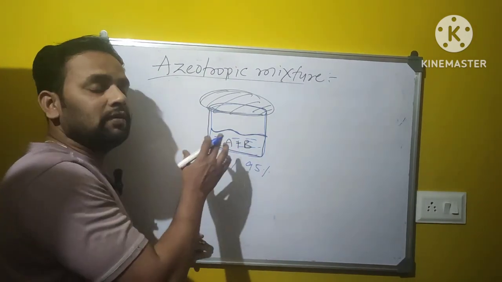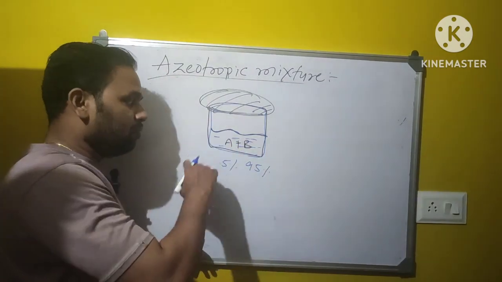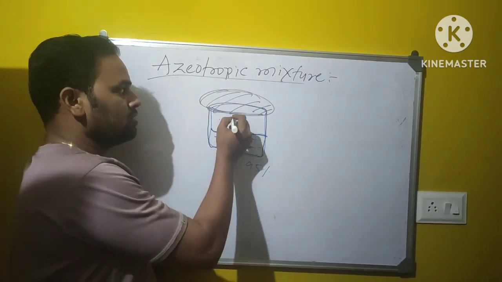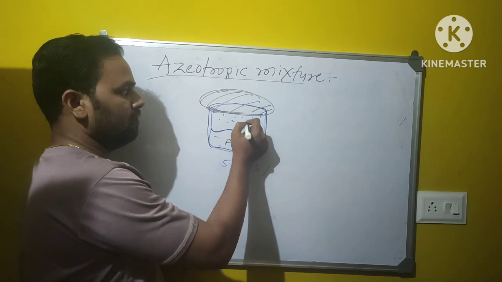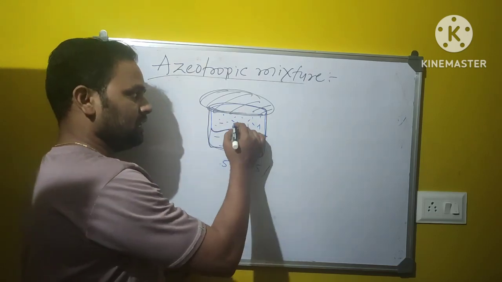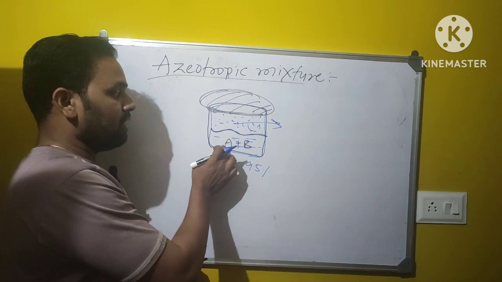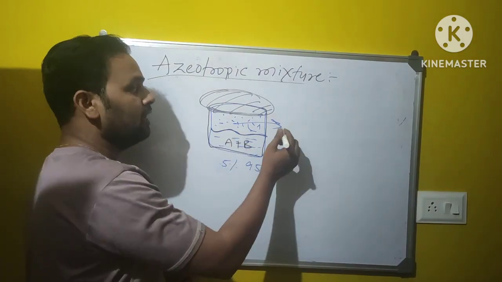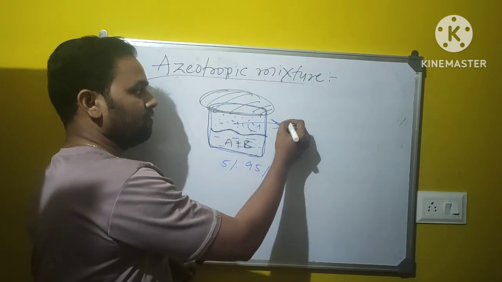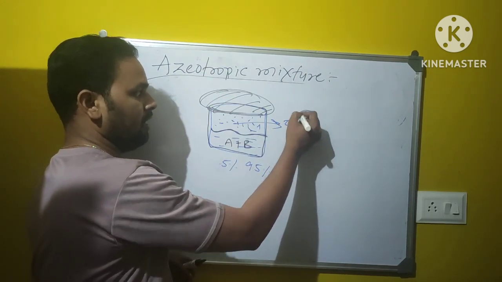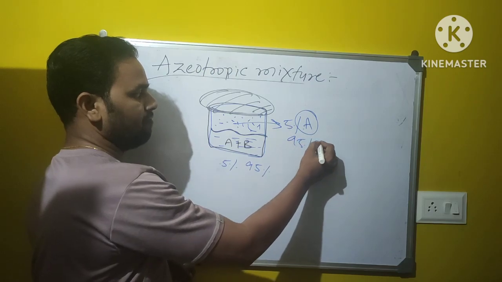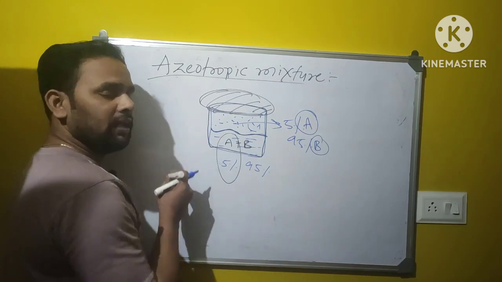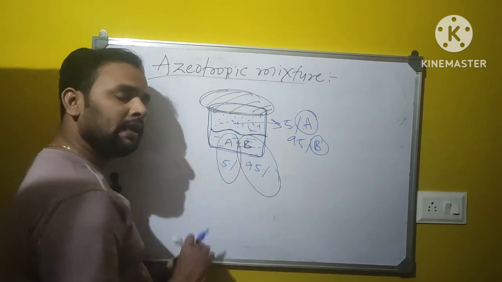When both the liquids A and B undergo vaporization, in vapor state also we take the percentage of vapors of A and B. In vapor state also we will get 5% of A and 95% of B. In liquid state, percentage of A is 5, B is 95.